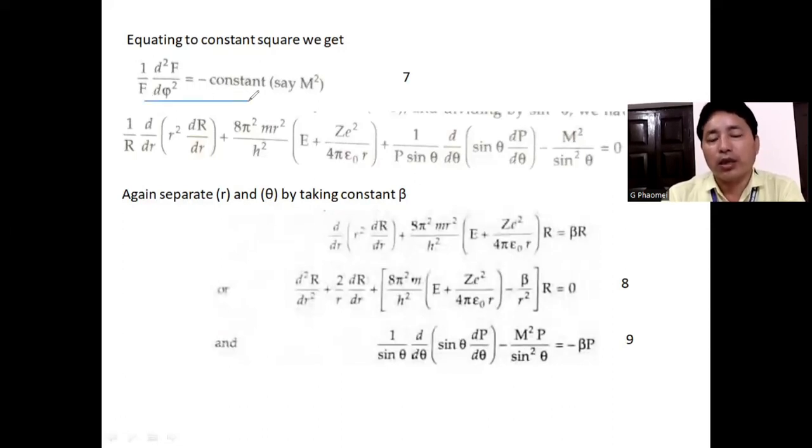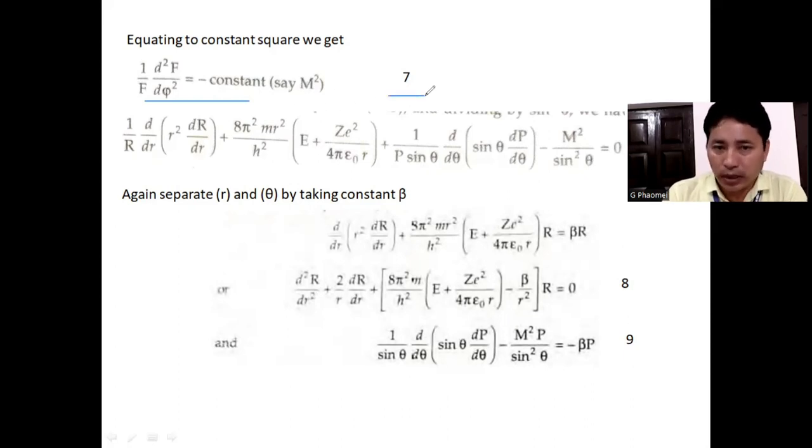We know that this type of differential equation will give solutions, and in quantum chemistry we ask what type of solution is acceptable. As we know, a sine theta or a cos theta or something like an exponential of i x, these two or three types of solution of this equation are acceptable.